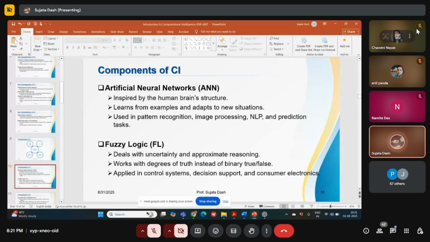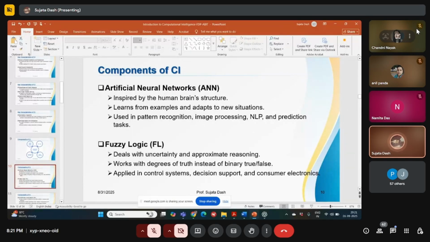Then where do we use ANN? So what are the different applications where you can apply it? Already I have told you pattern recognition, for identifying handwritten digits or spotting cancer cells in medical images, and image processing. You can use it in facial recognition and object detection.